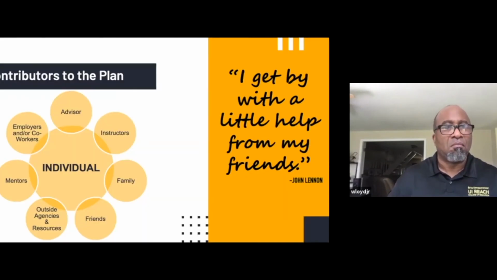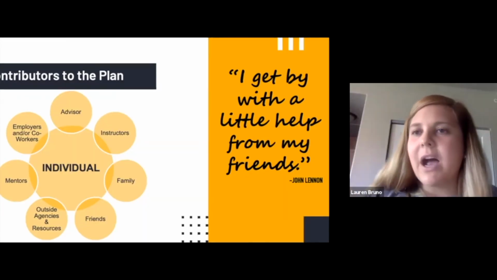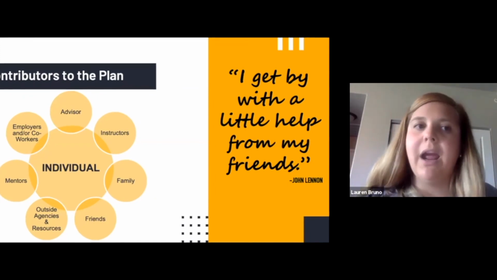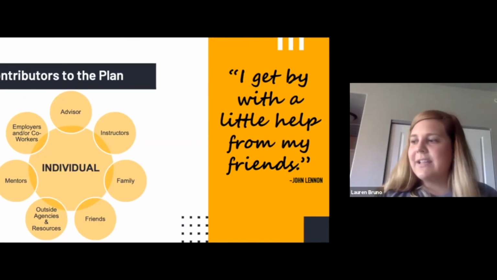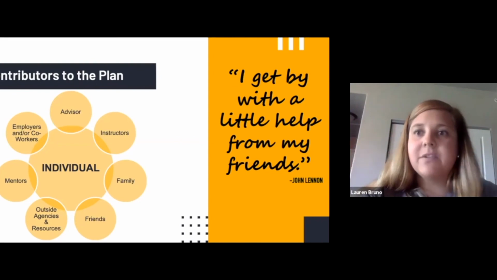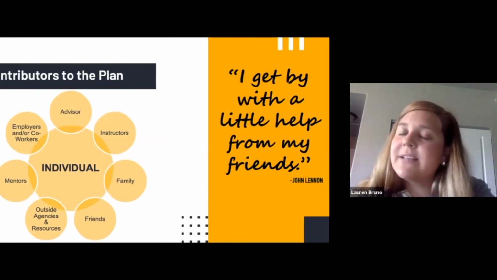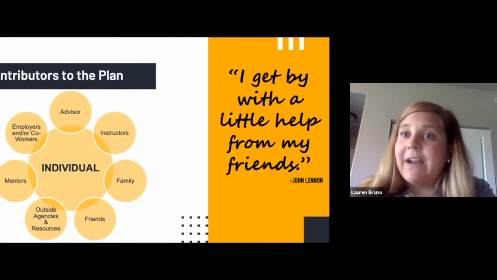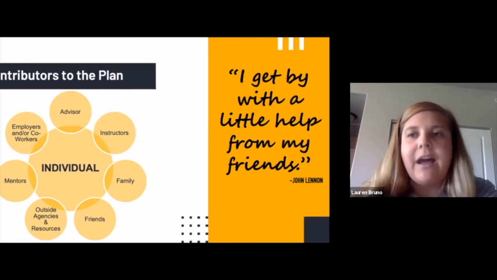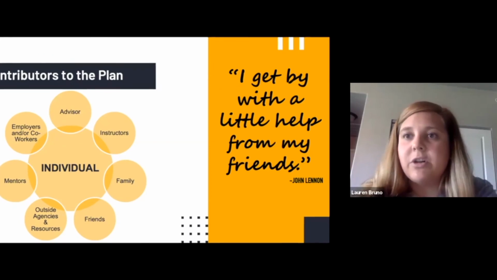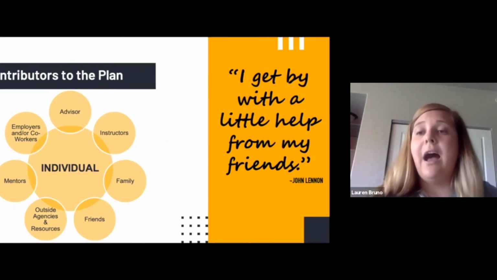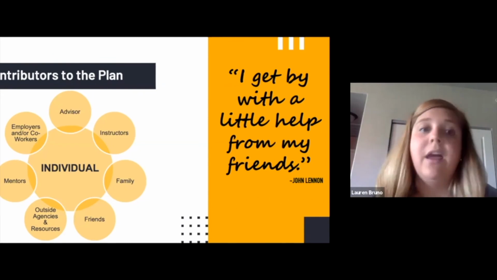So this is where I said that we'll talk a little bit more about that circle of support. As you can see, the individual is in the center of the screen, and they are surrounded by people that might be important to them, people that may provide supports. And this is only a touch on possibilities. You can have as many circles around yourself in that center as you want and or need.